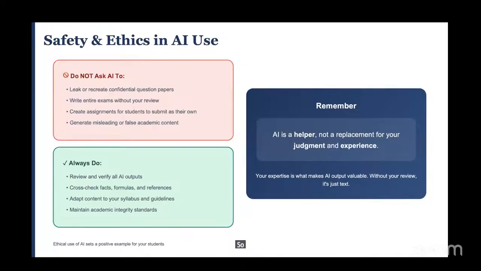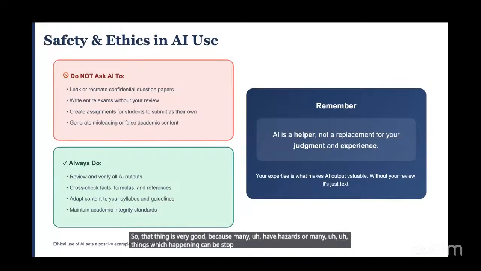That is happening in the US right now. That is the Anthropic Claude AI, which is a very rule-based AI, and it will never do any illegal work. That is very good, because many hazards can be stopped because of this.